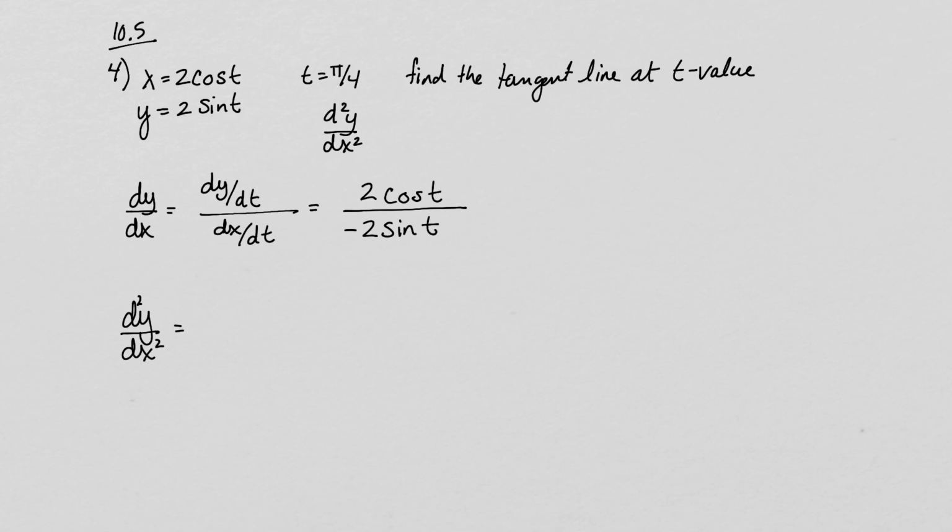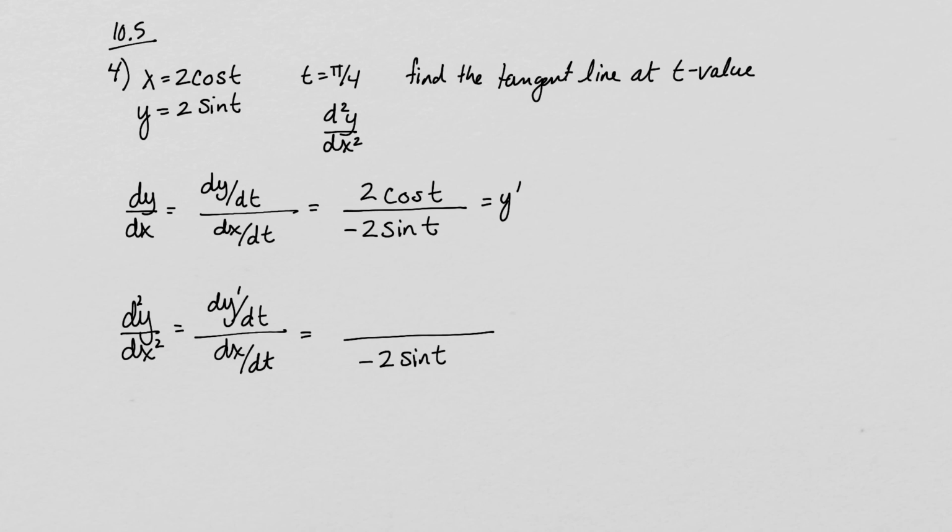You can think of this as y prime, so it's going to be dy prime over dt. So take the derivative of what we just found with respect to t, but then we also have to divide by another dx over dt. So the bottom is going to be another minus 2 sine t.